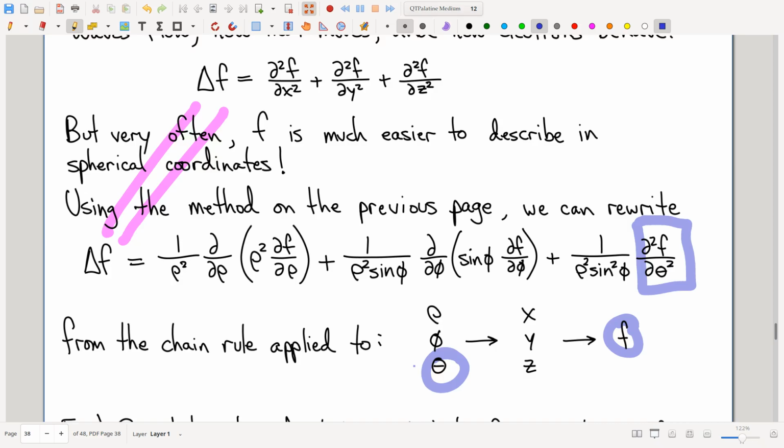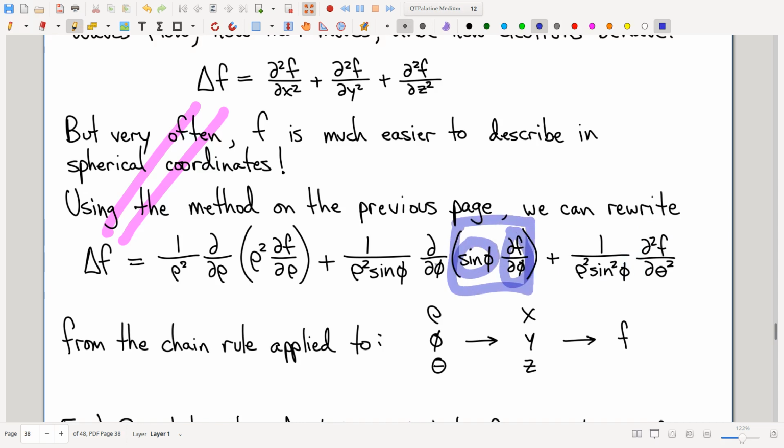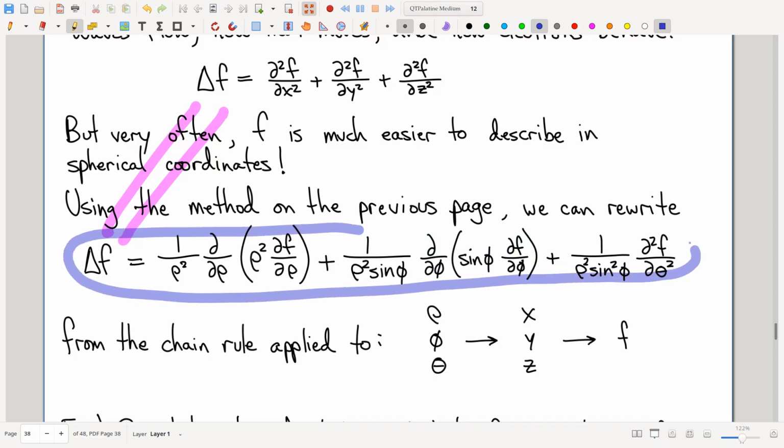Then you can do that for all the rest of the derivatives in here. Whatever you get here, don't forget to multiply by that, and then whatever you get there, take the phi partial of that. You can just go through and do this whole monstrosity. And if you do all of that, very hypothetically, you would get this.